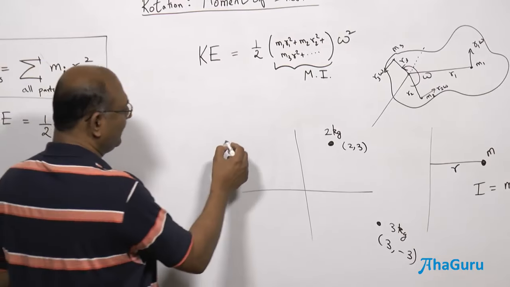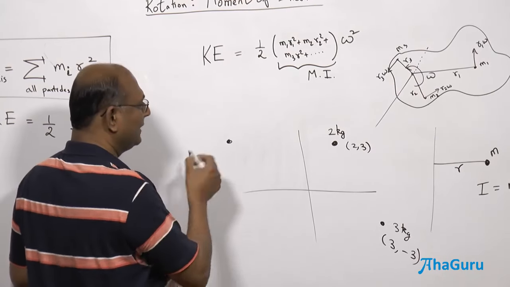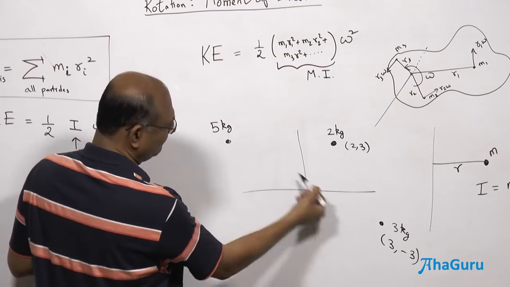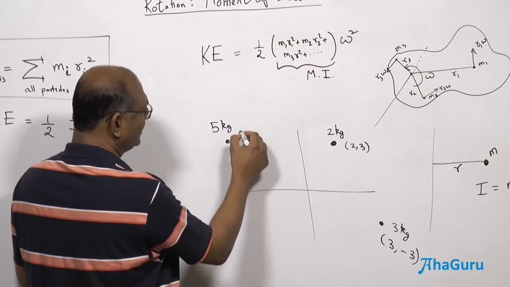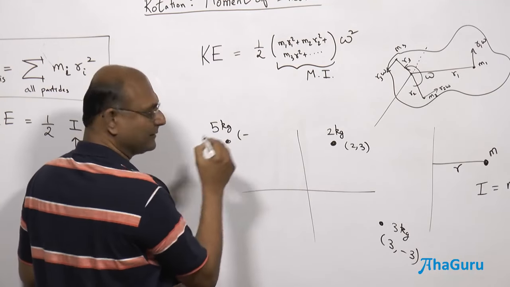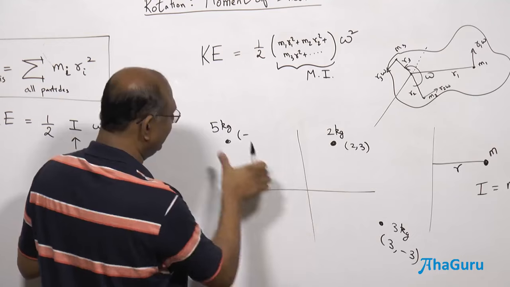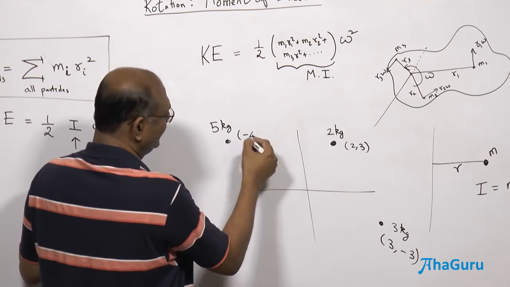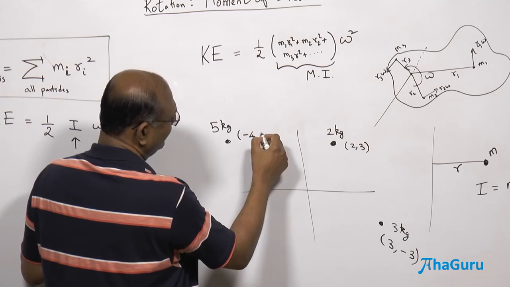And then I have a third particle which is sitting here. Let us say this has mass 5 kg. And it is somewhere reasonably far away from these guys, right? So let us say this was negative x, how much should I assume? Well, this was all 3. So let us say this was minus 4. And let's say this way it was plus 5.